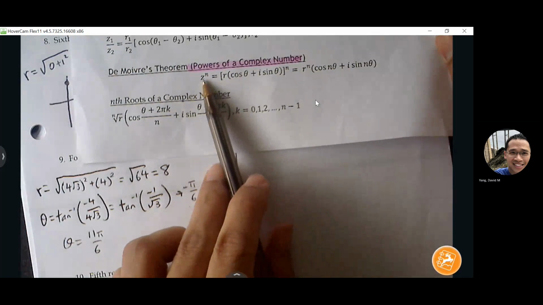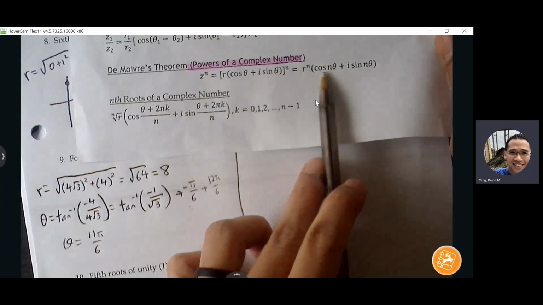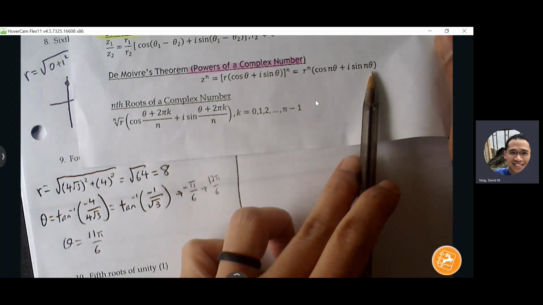So now we should follow our formula here. Z to the 1/4 is equal to R to the 1/4, 1/4 times theta.